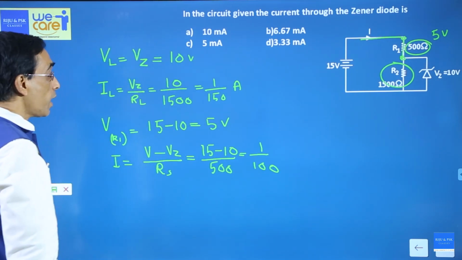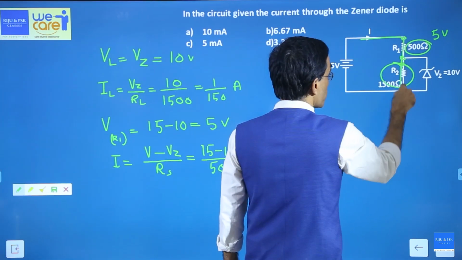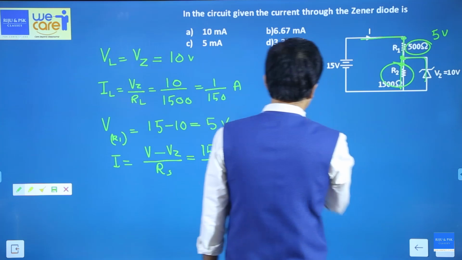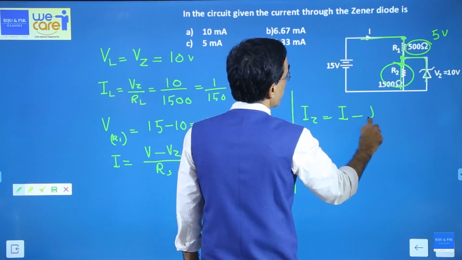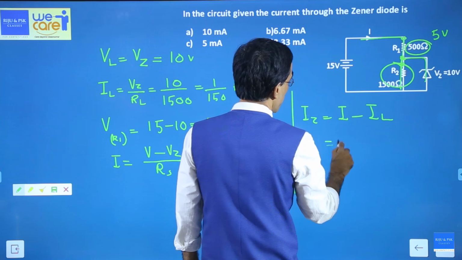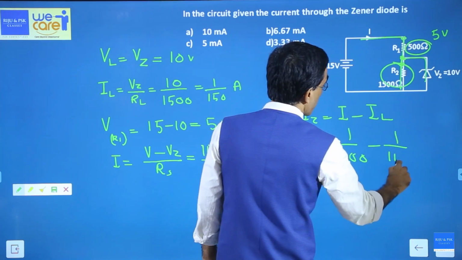I told you this current will come here and split into two currents. One will go through the load, another through the Zener. What is the equation for Zener current? Zener current is nothing but the main current minus the load current. And what was the main current? It was 1 by 100 minus 1 by 150.